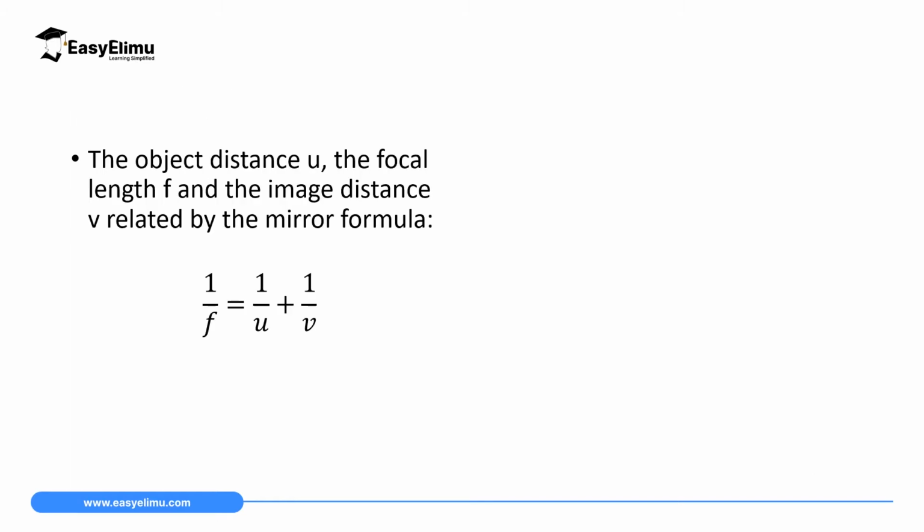So the mirror formula relates three important quantities: the object distance U, the focal length F, and the image distance V. In this case, if you have the two mirrors that we have discussed, we can start with the concave mirror. A concave mirror is represented by a symbol like this one here.